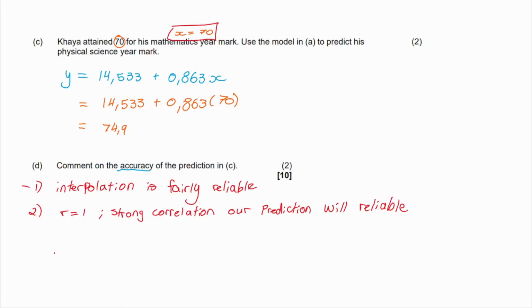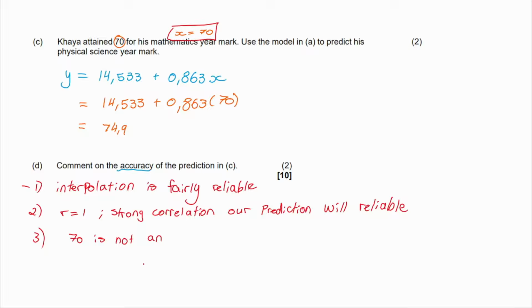And then number 3, you can just say 70 is not an outlier. How would you know it's not an outlier? Because I'm reading off the memo here. 70 is not an outlier, hence a reliable prediction.